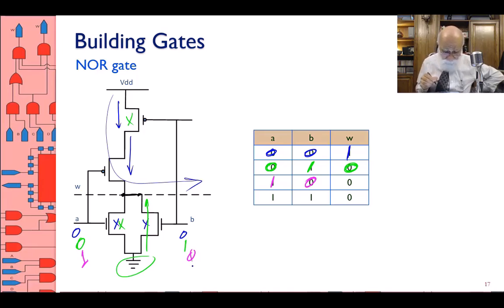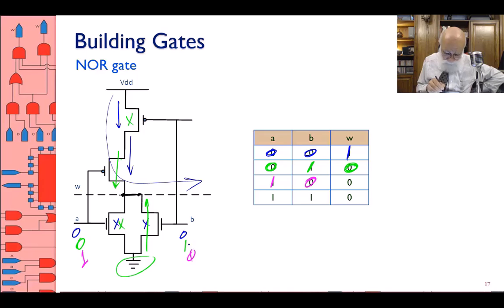and let me go back to the previous one. I was trying to do it quickly. To the previous one, the 0 on A means that this is conducting, okay?